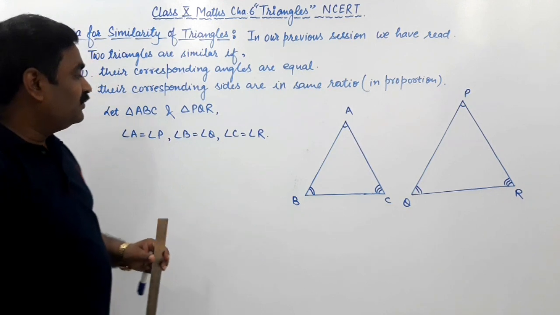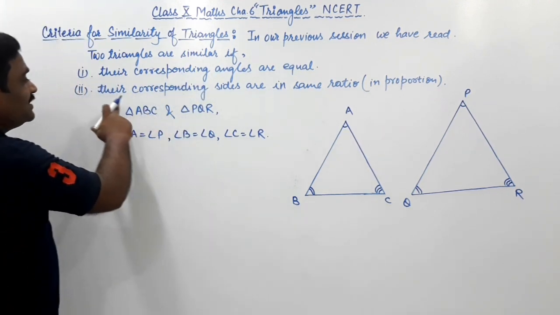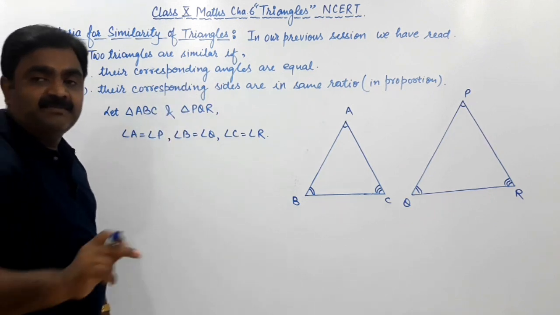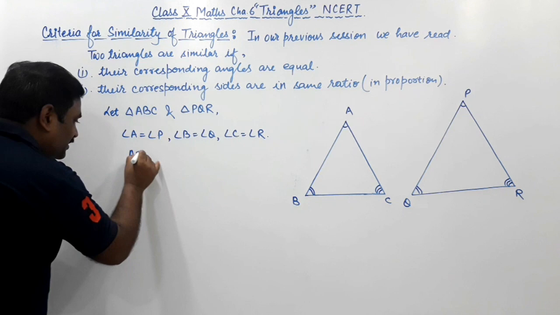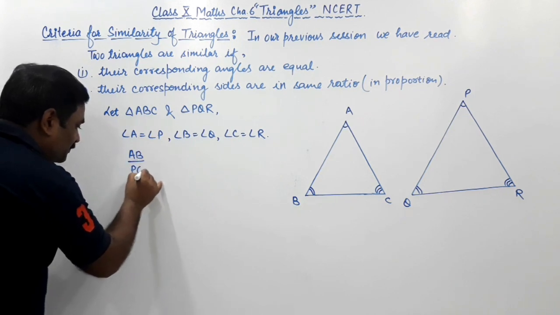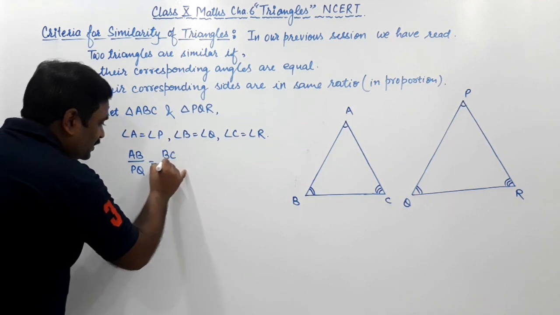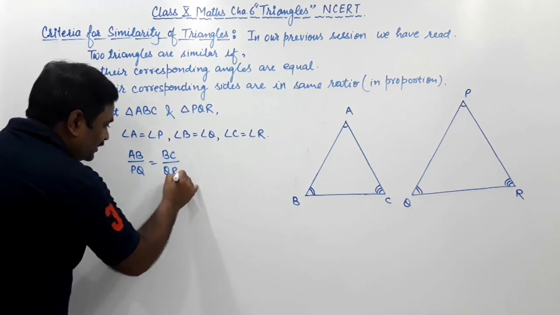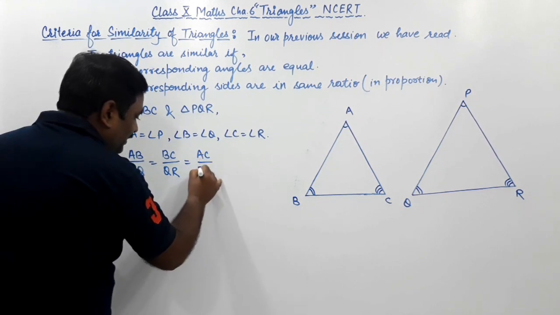Okay. Now, as the first condition is applied, then second, their corresponding sides must be in the same ratio or in proportion. It means AB upon PQ equals BC upon QR equals AC upon PR.